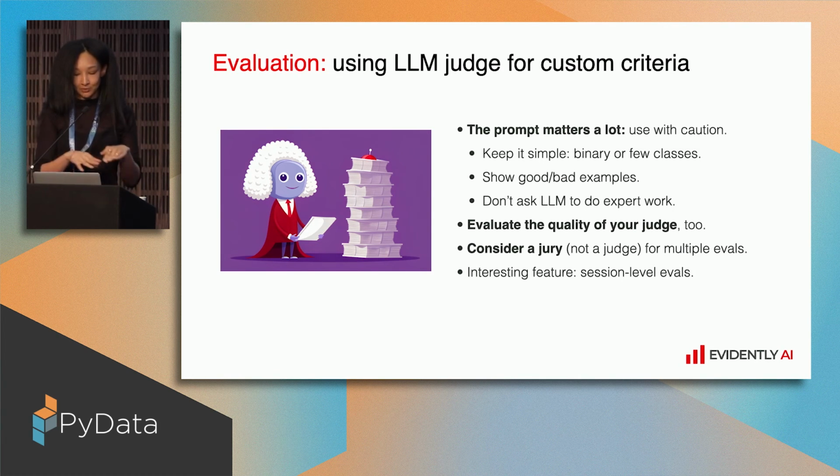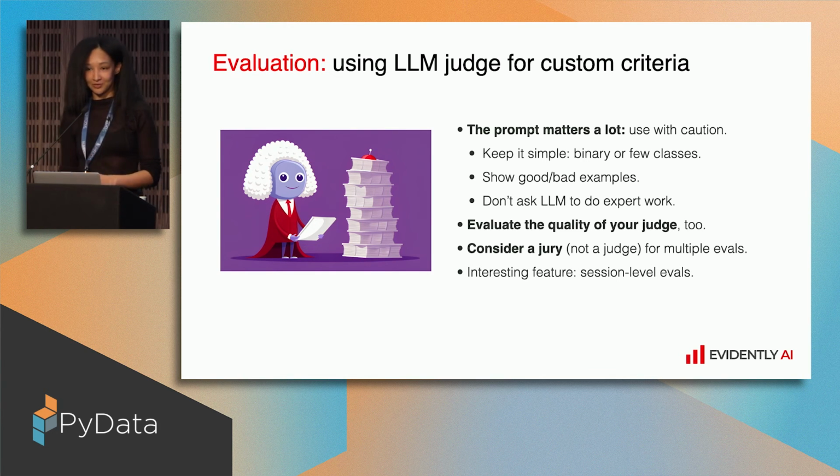Include in your prompt some good and bad examples. It really increases the quality of the answer. And do not ask the LLM to do expert work. Just imagine that when you write a prompt, you talk to an intern and you need to describe everything. It really helps. So yeah, you can do that.